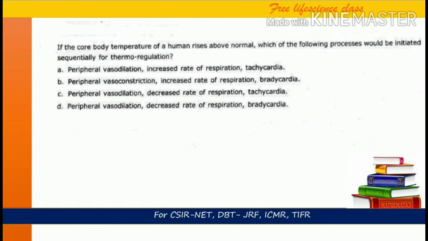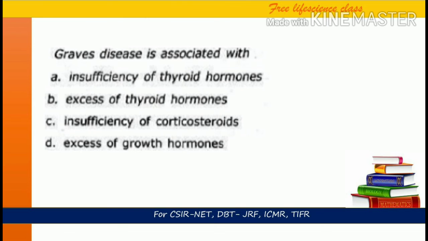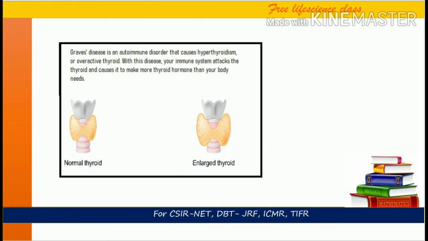Okay, moving into the next question. Graves' disease is associated with insufficiency of thyroid hormone, excess of thyroid hormone, insufficiency of corticosteroids, excess of growth hormones. So we can go for a diagram and answer this question. Here you can see that Graves' disease is an autoimmune disorder that causes hyperthyroidism or overactive thyroid.